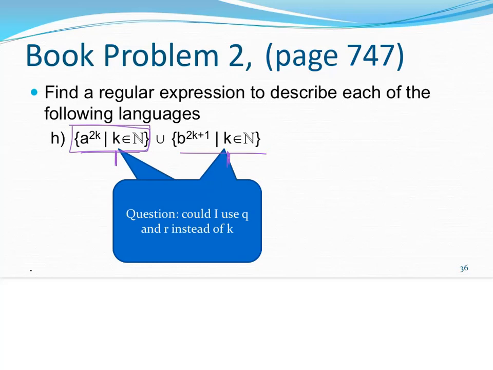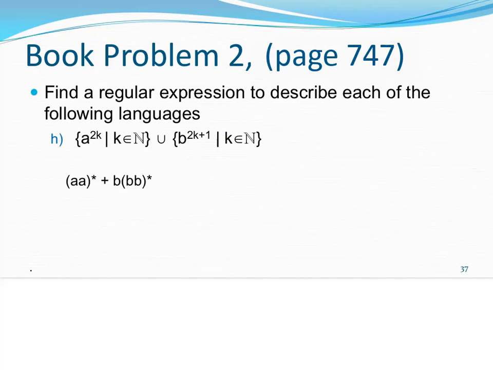It's kind of like local variables in Java, right? This k is only in scope over this set, and this k here is only in scope in this set. So if we changed this k to a q and that one to an r, it would mean exactly the same thing. There's nothing here that says there's some relationship between the number of A's and the number of B's. This is all of those strings that have an even number of A's, and this is all of those strings that have an odd number of B's.